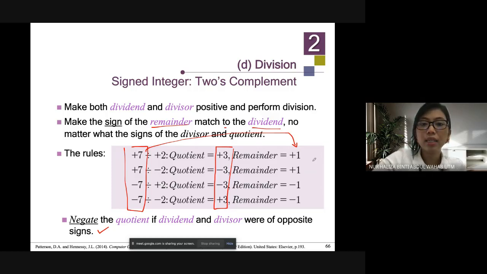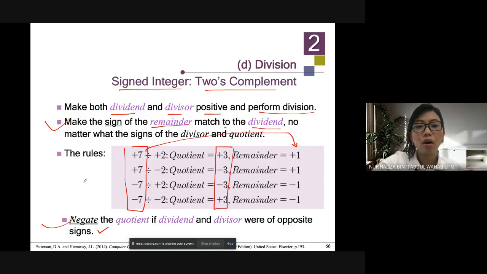Another one is the remainder, you make it similar to your dividend. Make the dividend and divisor positive and perform the division. And this is how you perform signed integer division using two's complement. But the most important are these two rules, on how you come up with these tables.